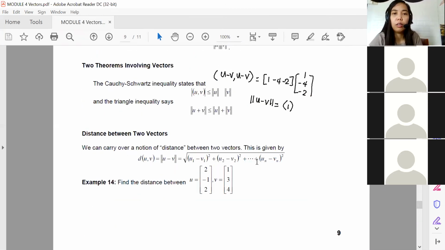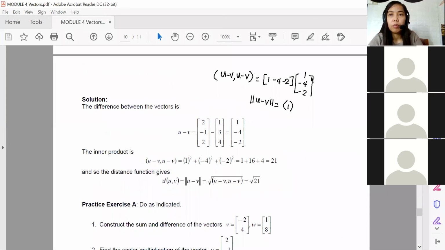So we will have 1 times 1 plus negative 4 times negative 4 plus negative 2 times negative 2.